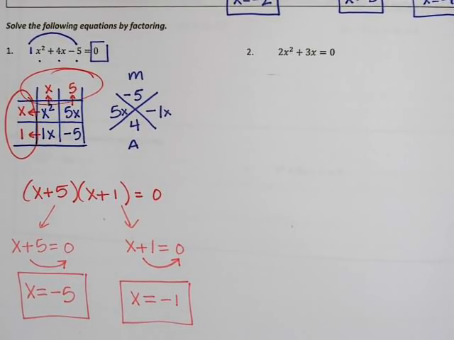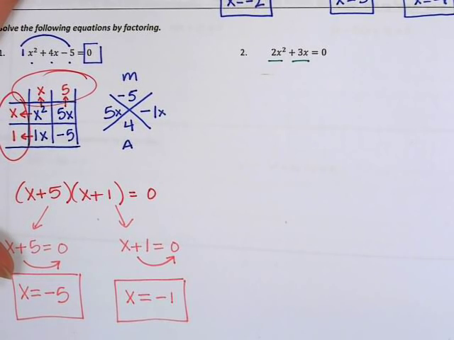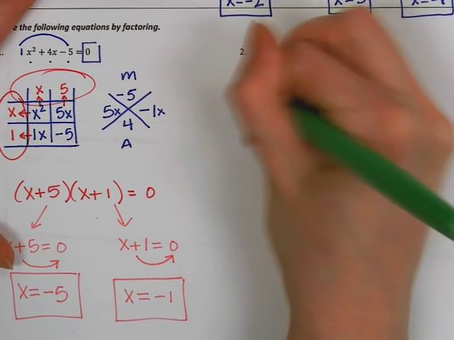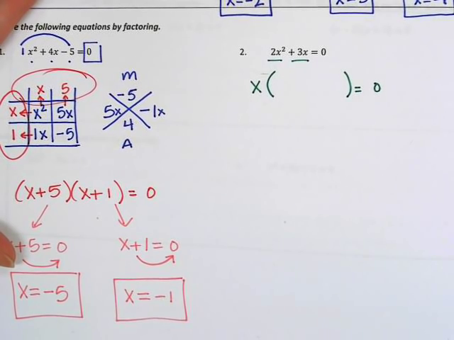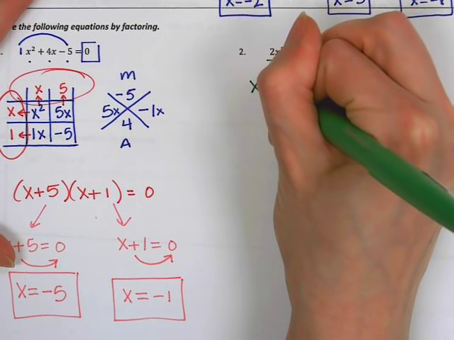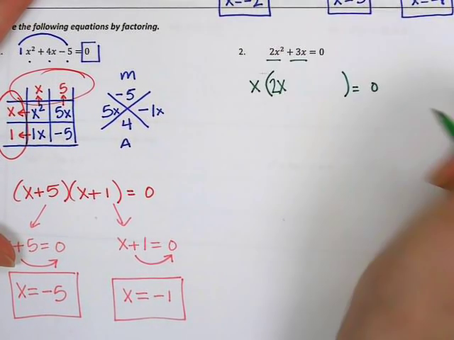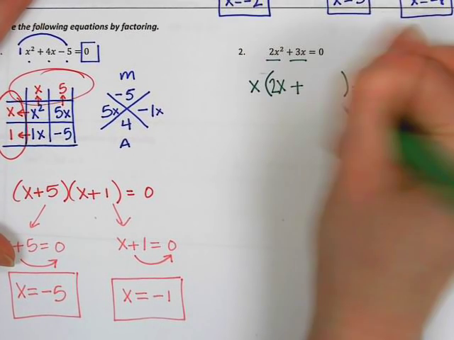Okay, number 2. Now, number 2 is not a trinomial. All we can do on number 2 is take out the GCF. And what is the GCF of these two terms? They both divide by 1x. Okay, so let's actually divide them both by 1x. 2x squared divided by 1x is 2x. And then plus 3x divided by x is just 3.